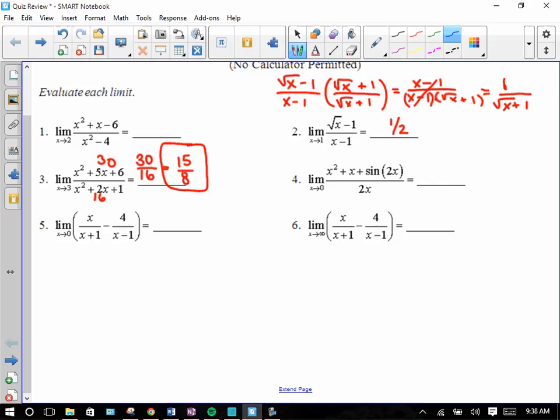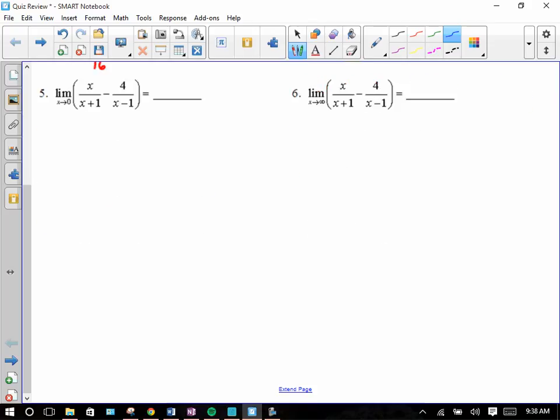Now the issue here is that I have two different denominators. So to fix my denominators so everything's the same, I'm going to multiply x divided by x plus 1 by x minus 1 over x minus 1.